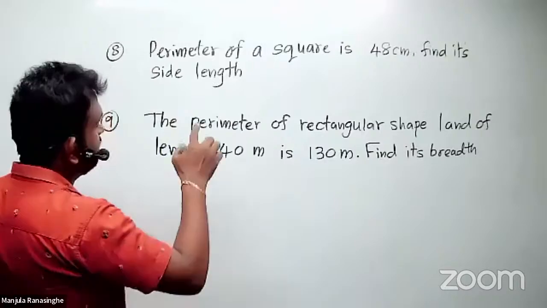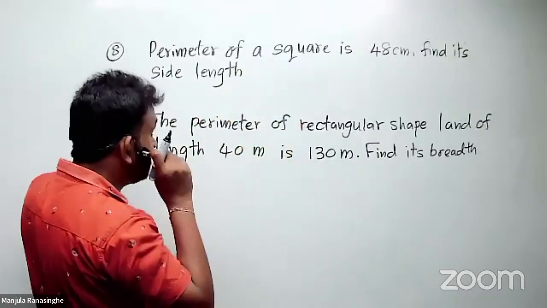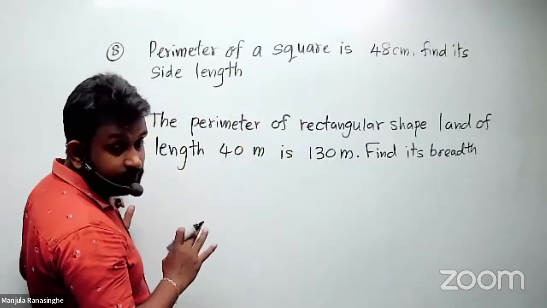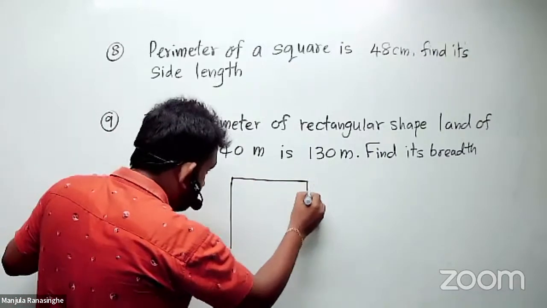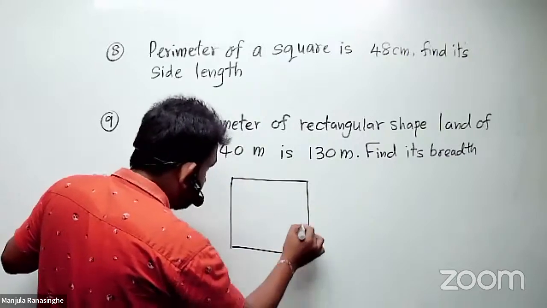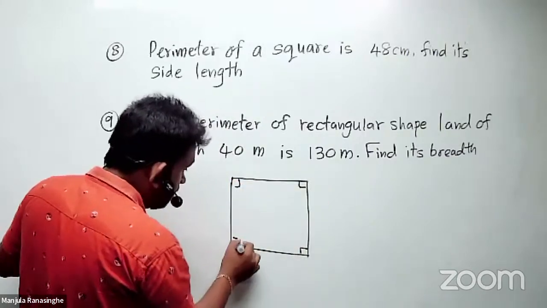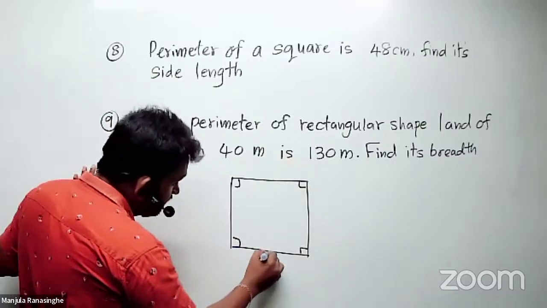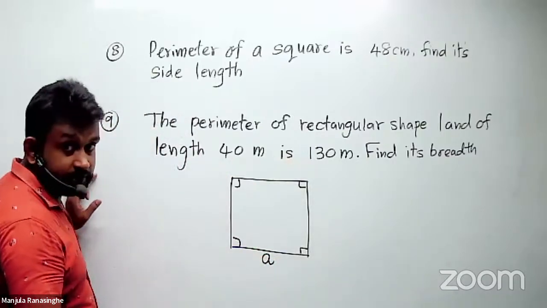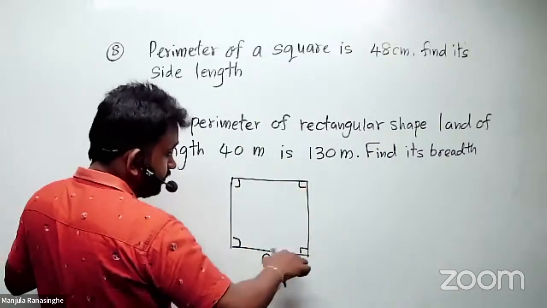Here, the perimeter of a square is 48 centimeter. Find its side length. Right. So I take this is the square. Perimeter means sum of all four sides. I take one side length as A. So what is the perimeter now?